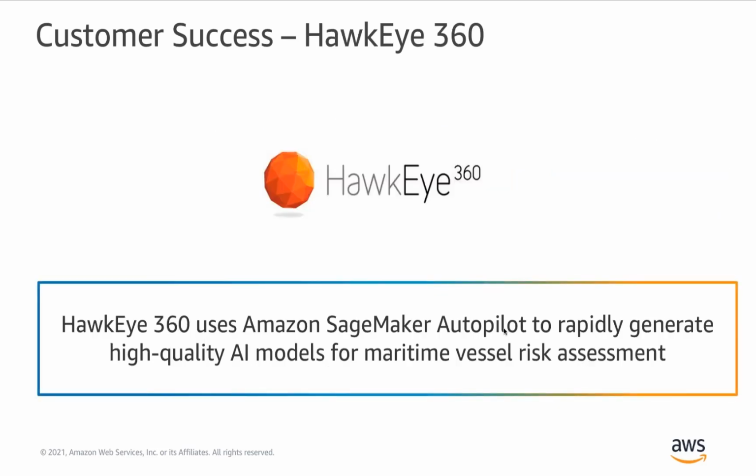Another cool example which captures a lot of imagination is HawkEye 360. HawkEye 360 uses Autopilot to rapidly generate high quality AI models that help them detect and classify whether a maritime vessel could be a possible risk or not.